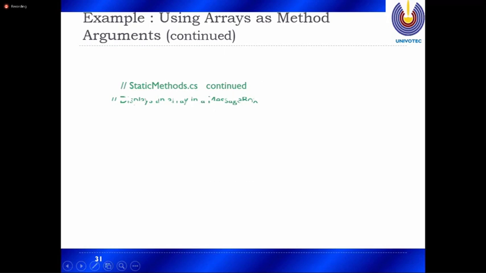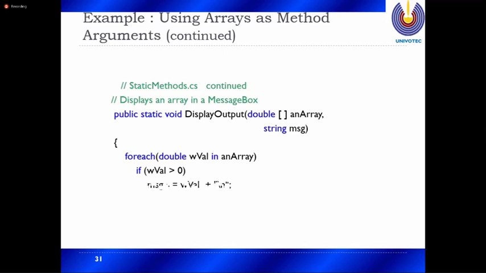Then you can get the output using foreach over each double value in the array. Okay, if greater than 0, then you can display the message in the message box.